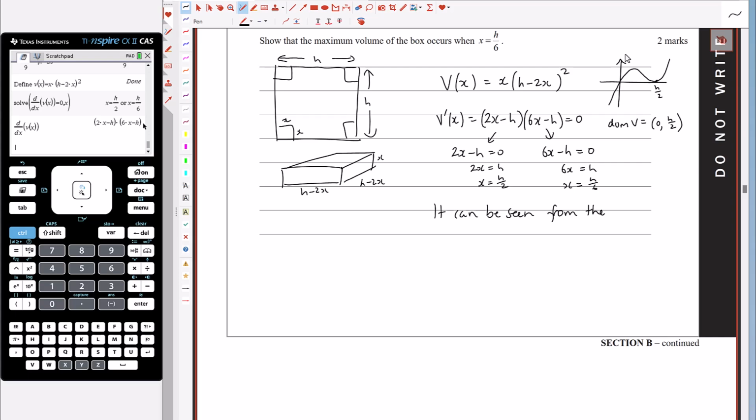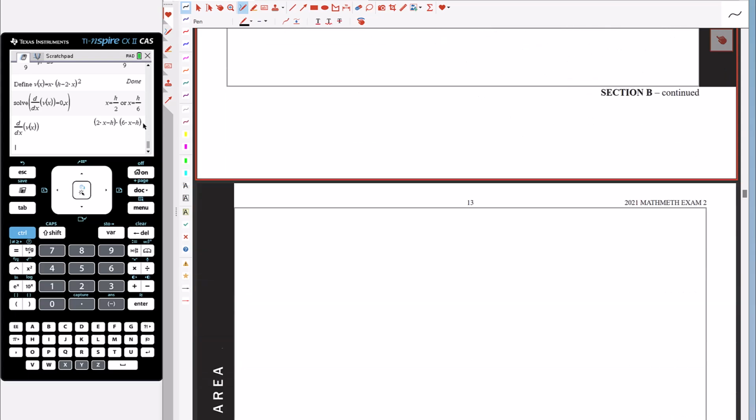So let's sort of formalize our graph a little bit more. This is x, this is v from the graph. That max v occurs when x equals h on 6. Okay.